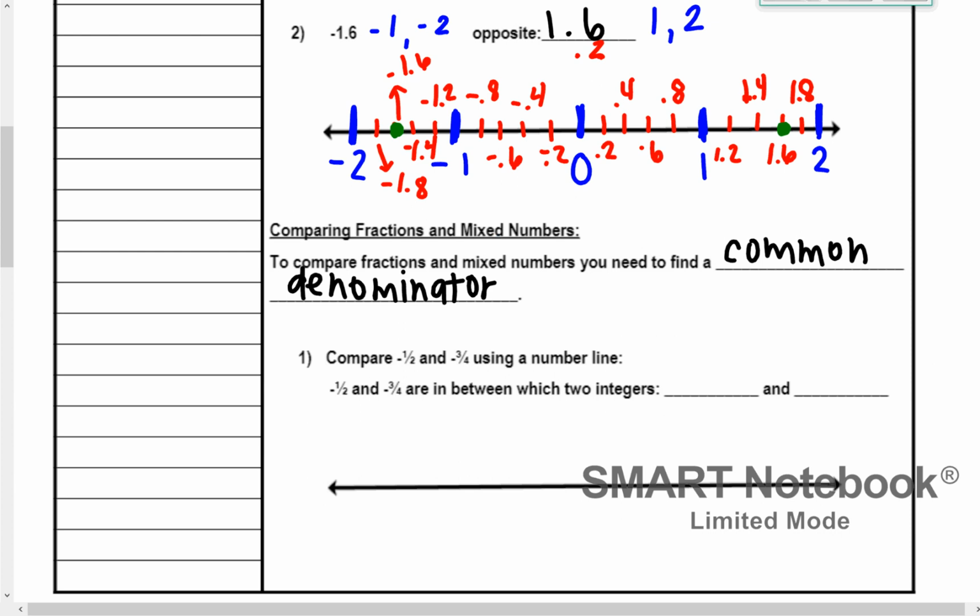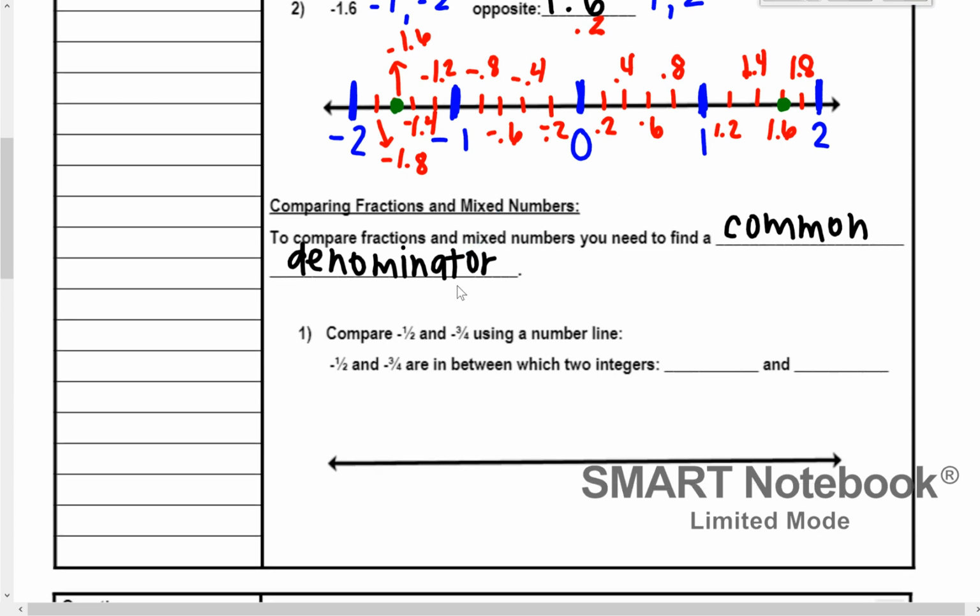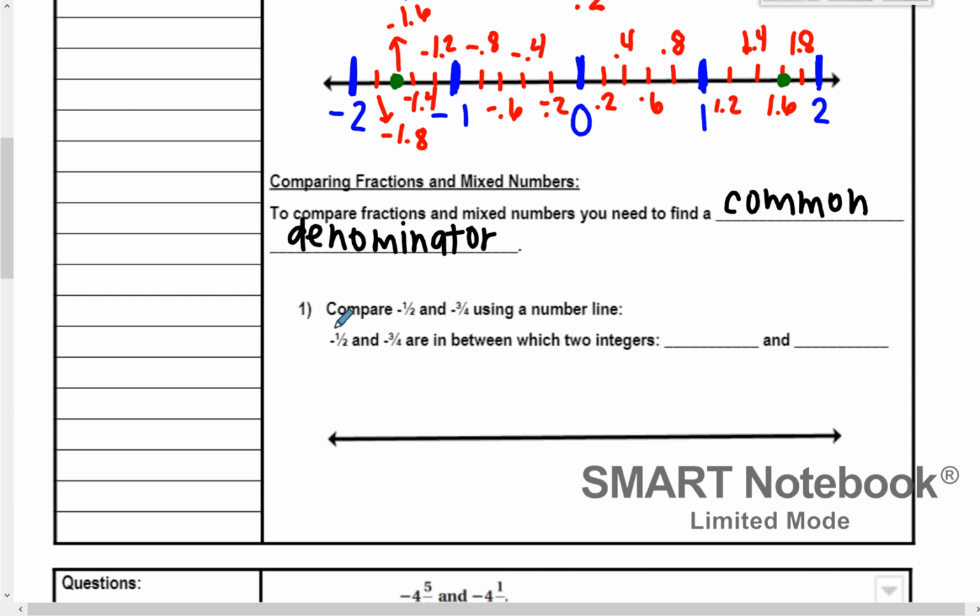Okay. So we're comparing negative a half and negative 3/4 using a number line. Okay, and we need to think negative 1/2 and negative 3/4 are in between which two integers. So we can use that trick of finding the opposites and what those two integers are in, and then just finding the negative values of that. So 1/2 and 3/4 are in between 0 and 1.